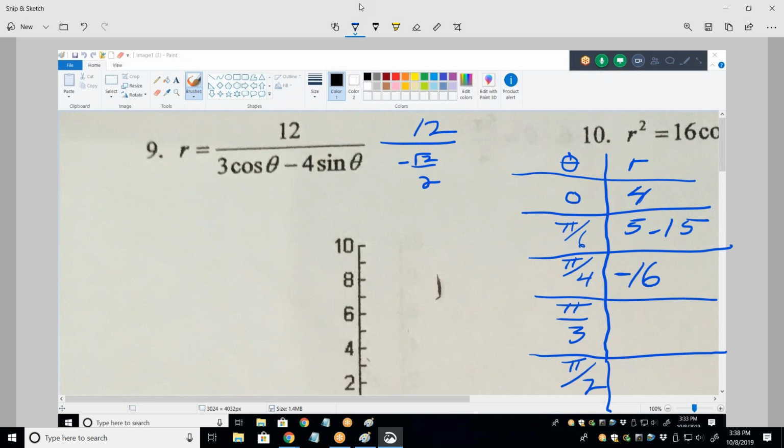Pi over 3. All right. So that's just going to be 3 over 2.